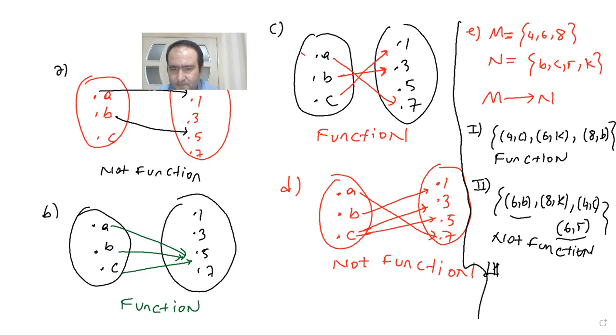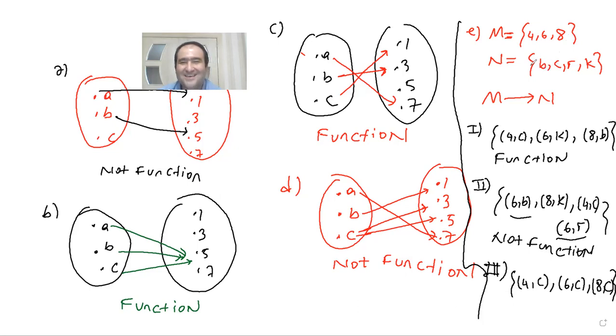And the third example related with this: 4C, 6C, 8C. Is it a function? Yeah, all our children have one mother.